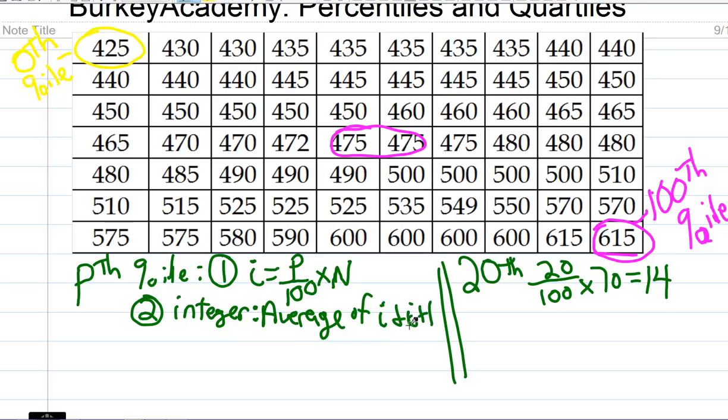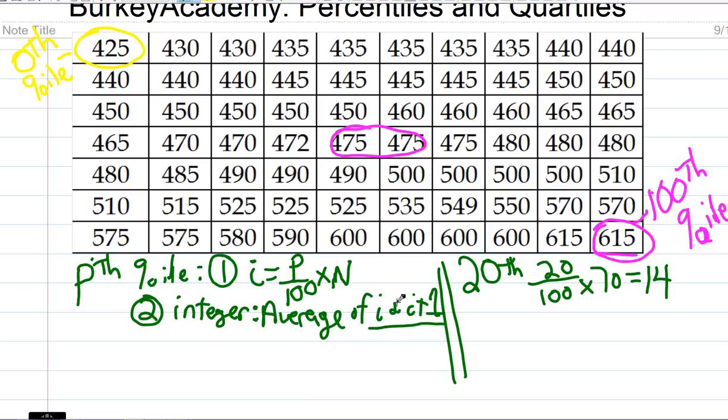That's all that says, I plus 1. Let me erase that because my handwriting is bad. Try to make that a little easier to see. The average of the I and the I plus first in the list.